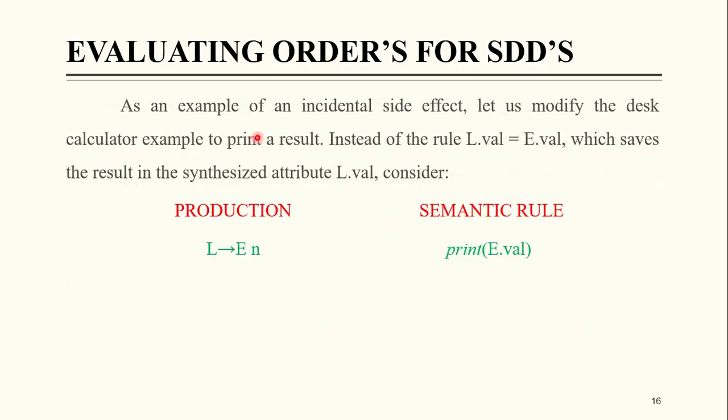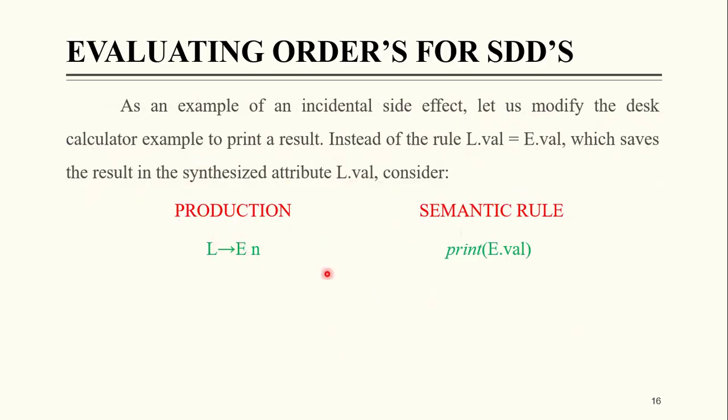As an example of an incidental side effect, let us modify the desk calculator example to print a result. Instead of the rule L.val equals E.val, which saves the result in the synthesized attribute L.val, consider the production L derives E n.